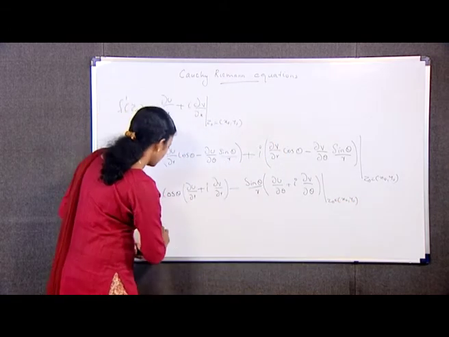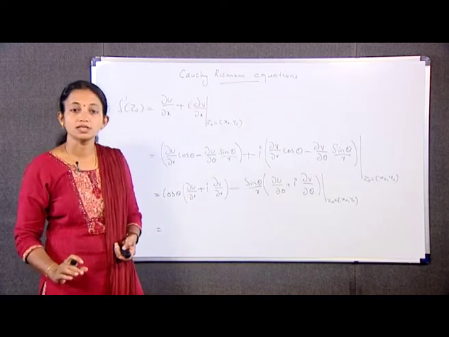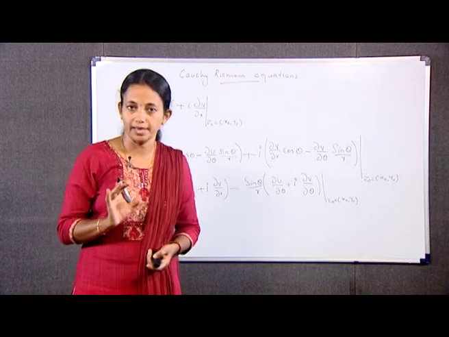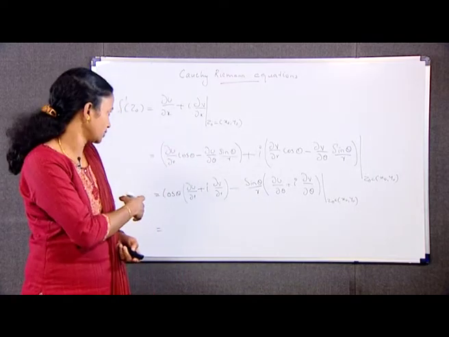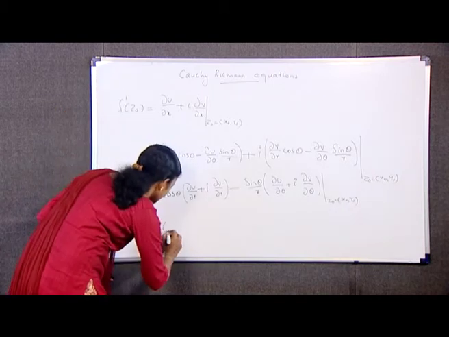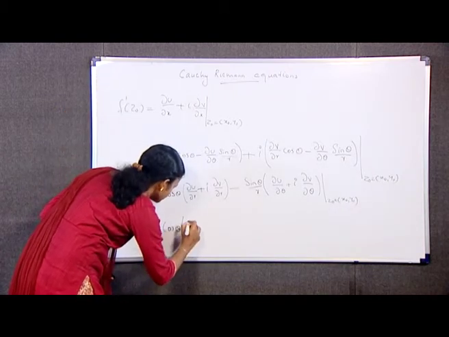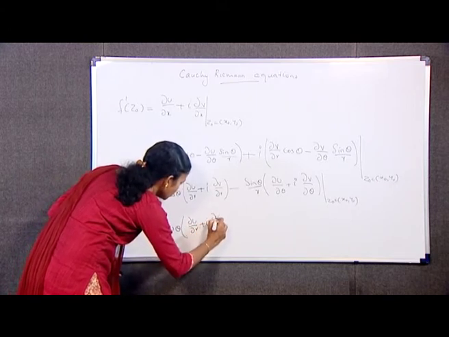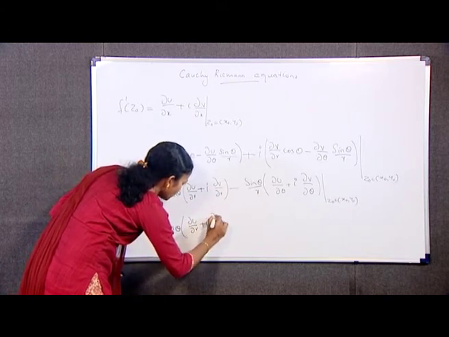This is equal to cos theta into dou u by dou r plus i into dou v by dou r, minus sin theta by r into, this I can write, cos theta into dou u by dou r plus i into dou v by dou r.